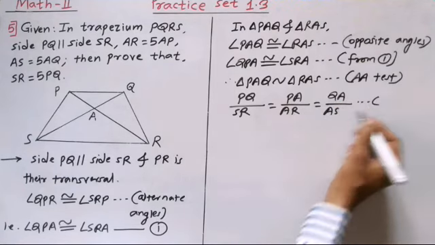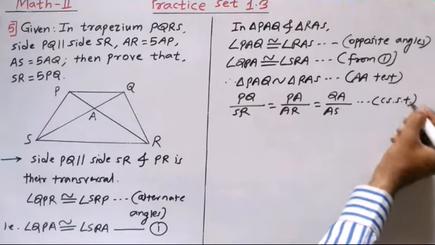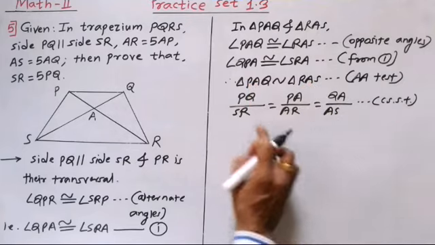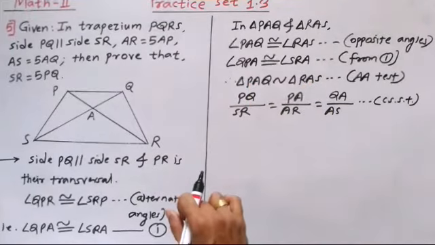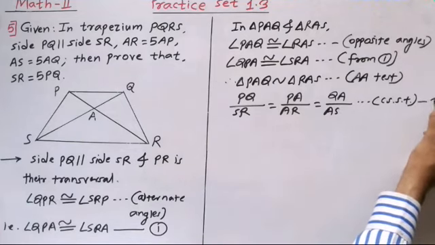And the reason for this step is these are corresponding sides of similar triangles. Now give this as equation number 2.